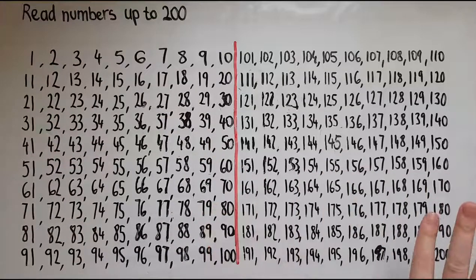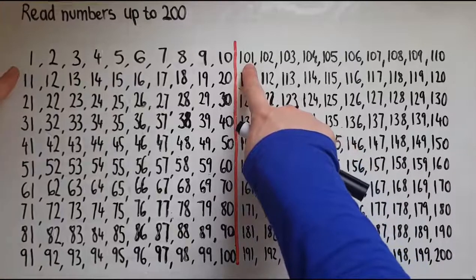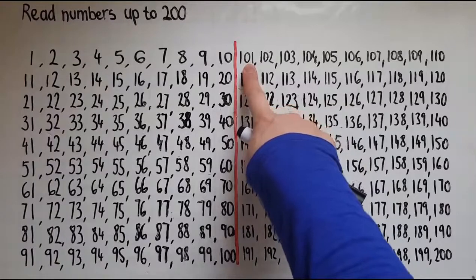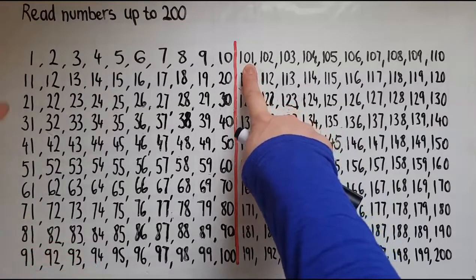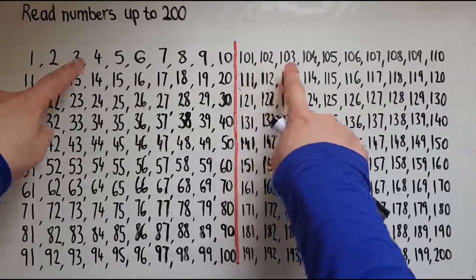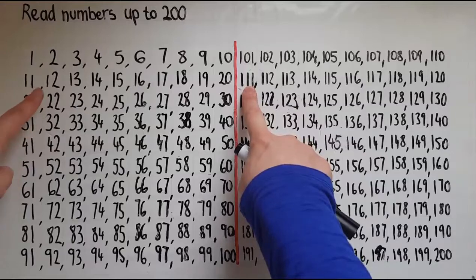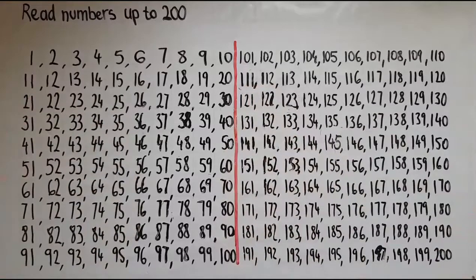Then moving on to numbers over 100, we can see that again all that we have on top is 100. So 1, 101, 2, 102, 3, 103, 11, 111, 12, 112, and that is being repeated all the time.